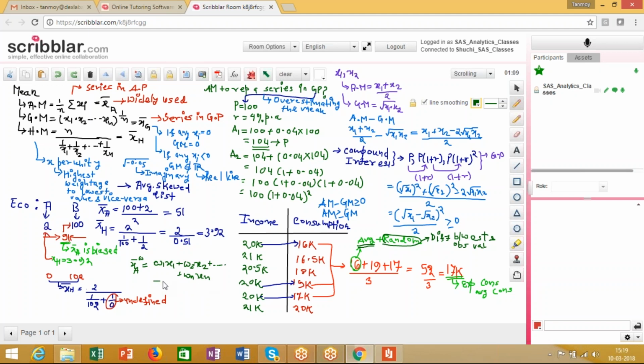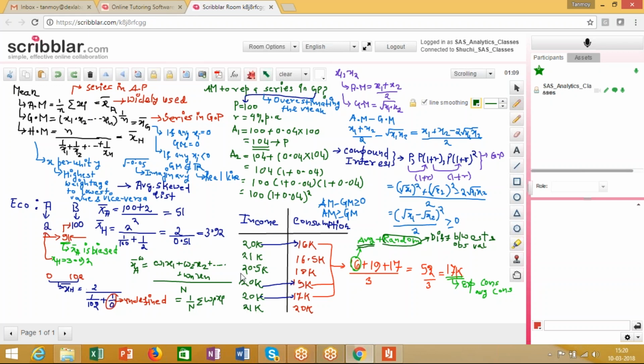All divided by, if I write it symbolically, 1 by capital N summation Wi xi.